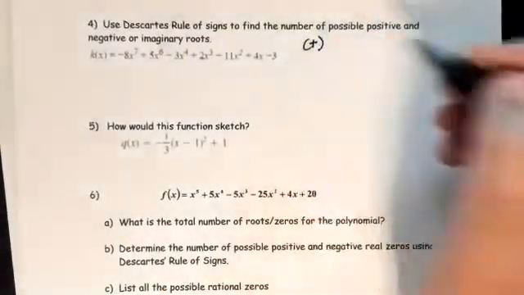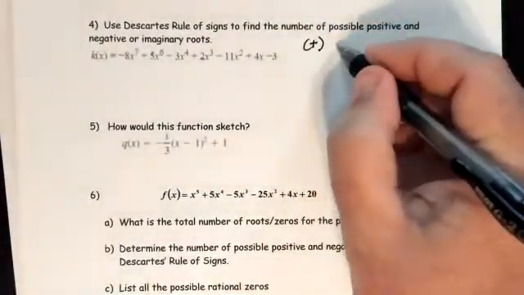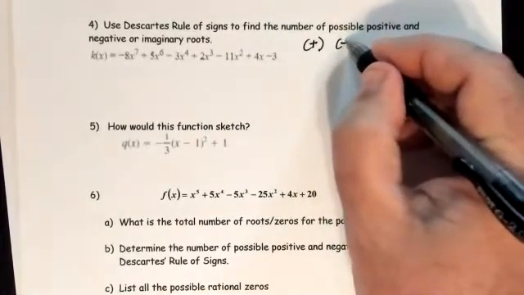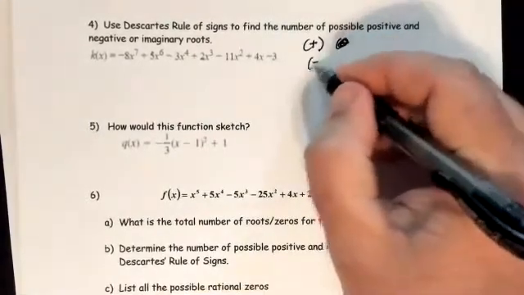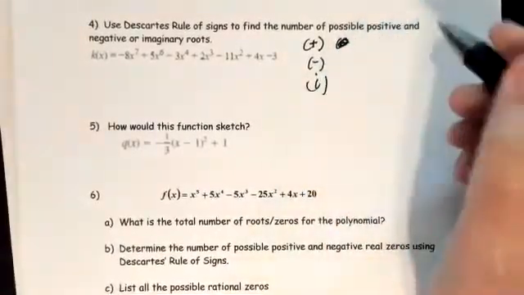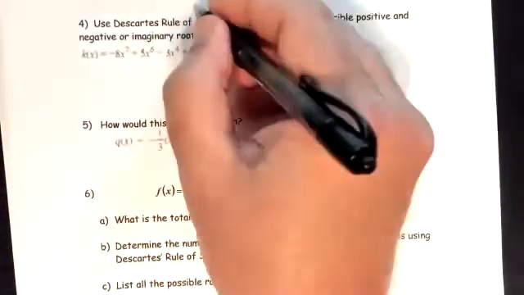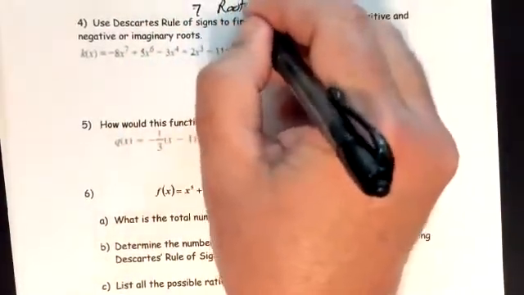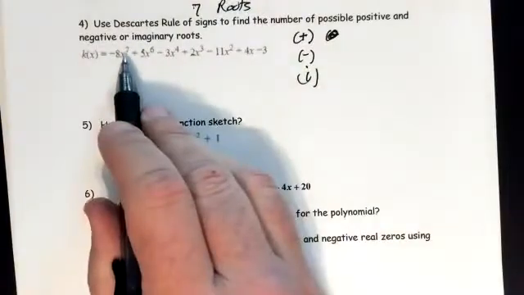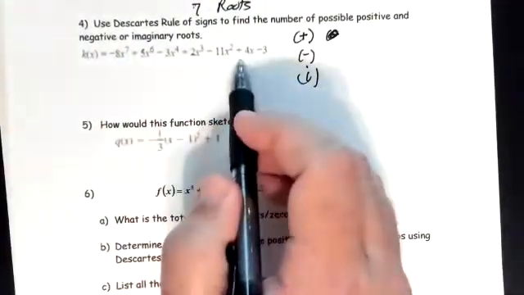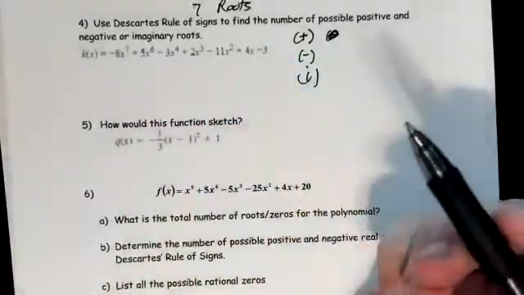To find the positive roots, remember we made that little chart: positive, negative, and then imaginaries. How many roots does this have? This is going to have 7 roots, because the total degree is 7.